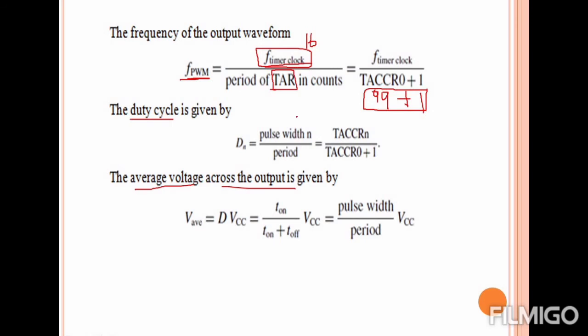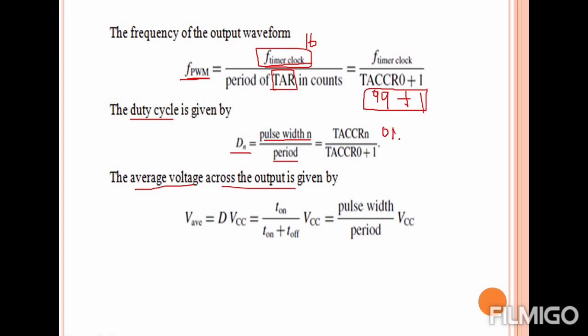And the duty cycle is given by, duty cycle means the fraction of time the output is active. Here duty cycle is equal to the maximum pulse width by the period. See here, pulse width means the amount of time the pulse is active or in on state.